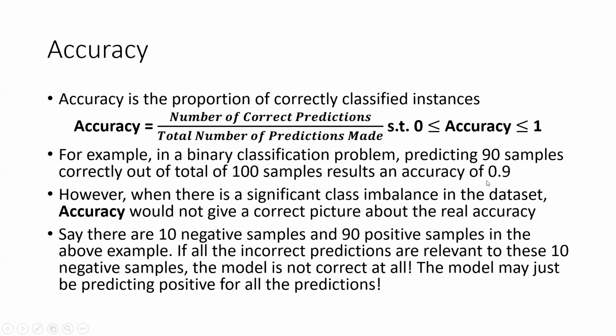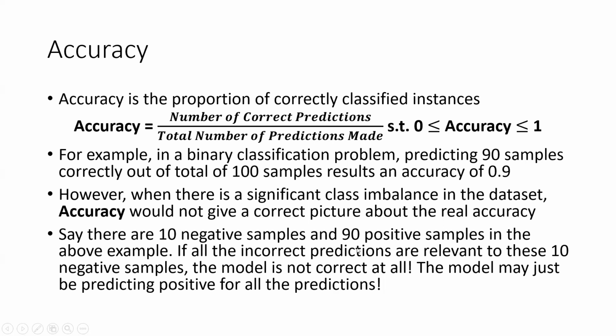When someone doesn't know about this phenomenon, they would say, my model is 90% accurate, wow, that's fantastic. For a machine learning model, 90% accuracy is significantly good, right? But none of the negative examples were classified correctly.